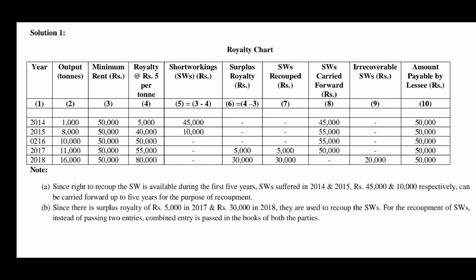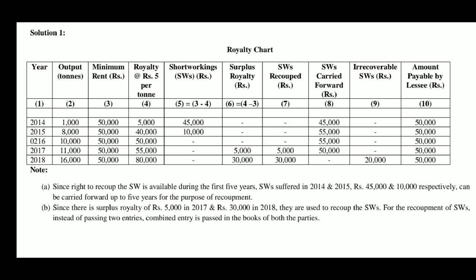See the working note number B. Since there is surplus royalty of rupees 5,000 in 2017 and rupees 30,000 in 2018, they are used to recoup the short workings. For the recoupment of short workings, instead of passing two journal entries, combined entries are passed in the books of both the parties.